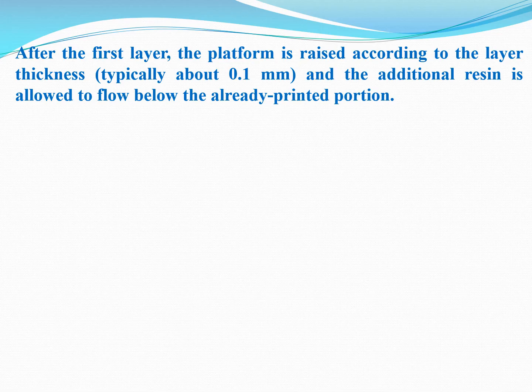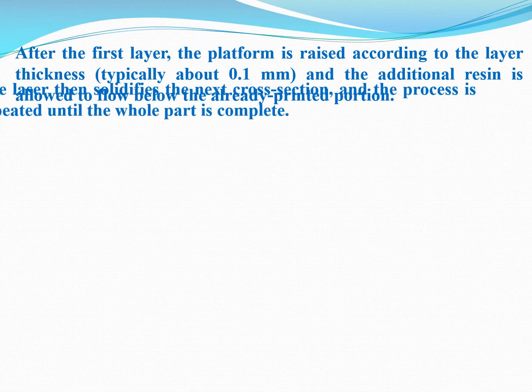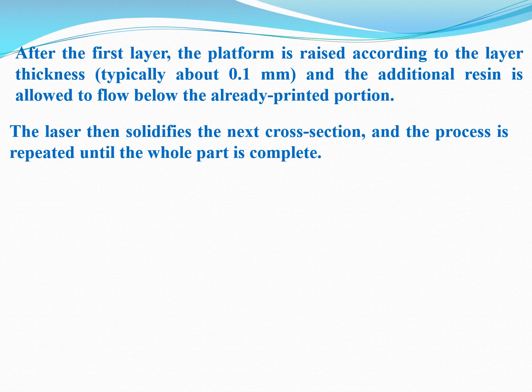That means the thickness of the layer should be 0.1 mm, and the additional resin is allowed to flow below the already printed portion. The laser then solidifies the next cross section, and the process is repeated until the whole part is complete.